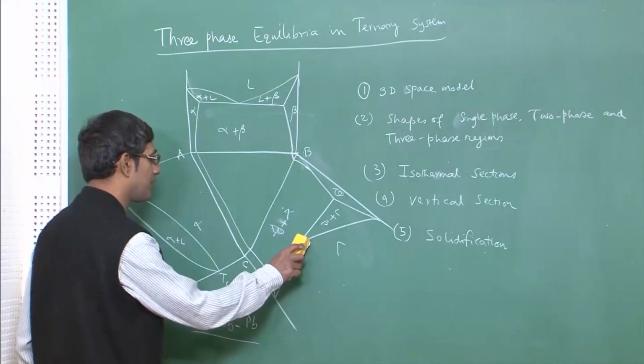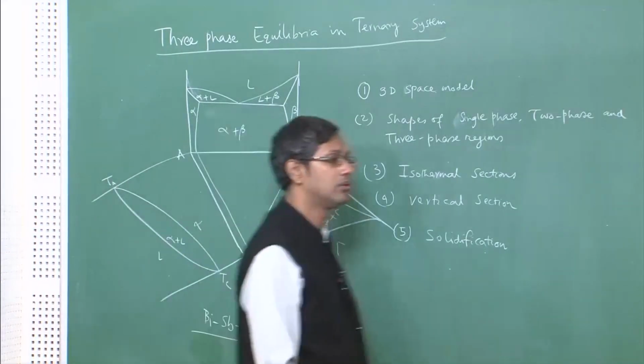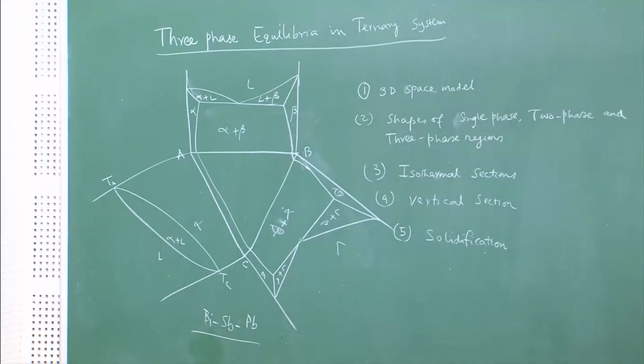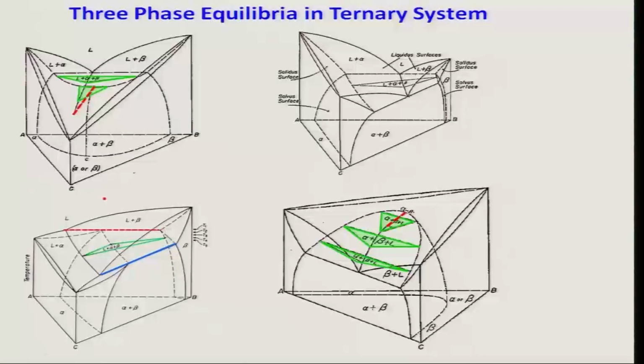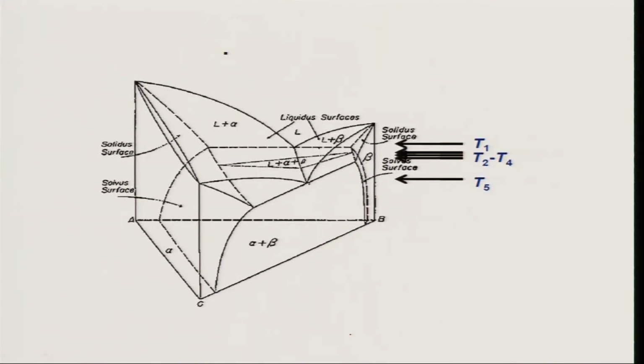There are many such examples. Before I do that, this slide tells you this is the one with two isomorphous, one eutectic; two eutectics, one isomorphous; one peritectic, two isomorphous; two isomorphous, one monotectic systems.